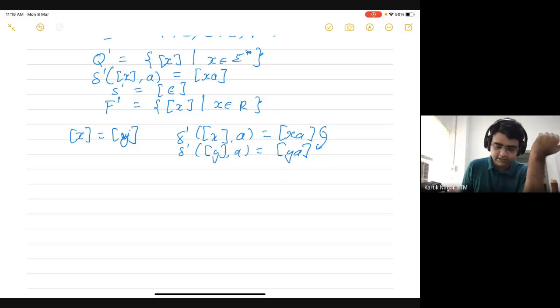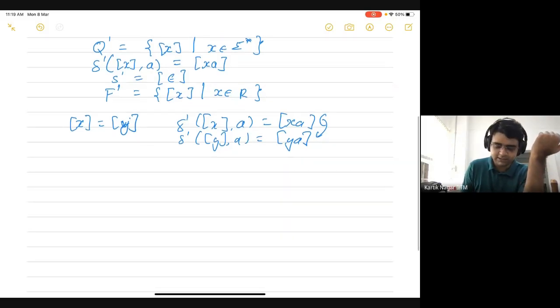And finally, let's look at the set of final states as well. We said that F prime is going to be the set of all equivalence classes of strings which are present in R. So we say that X belongs to R if and only if the equivalence class of X belongs to F prime.